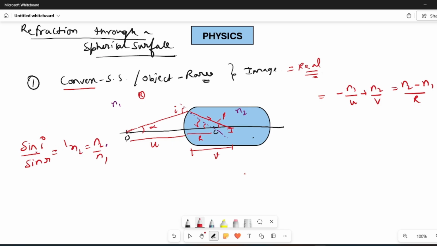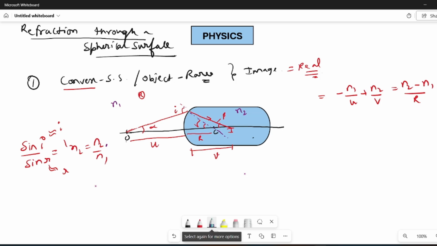So I'm going to assume that sine i is so small that I can write it as the angle of incidence i, and similarly sine r as r. So by calculating this, the equation will become n2 r equals n1 i. One second, this is a mistake on my part.